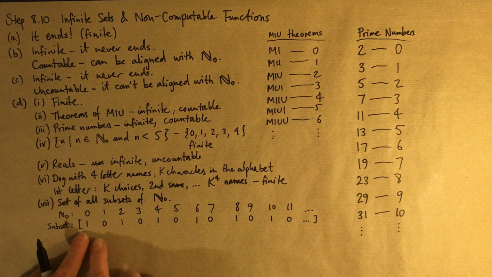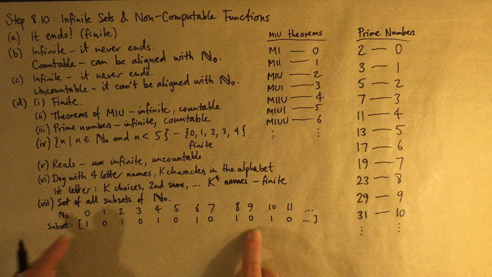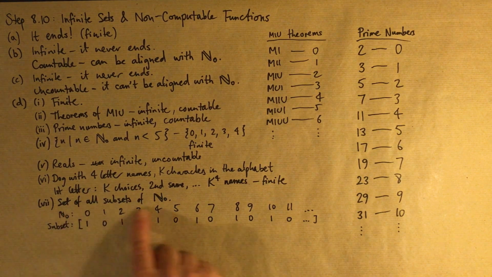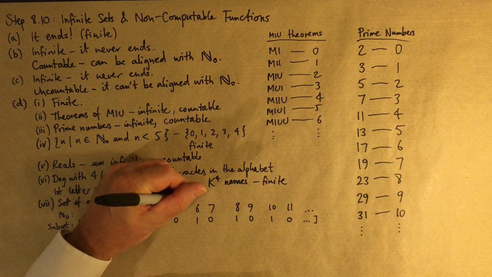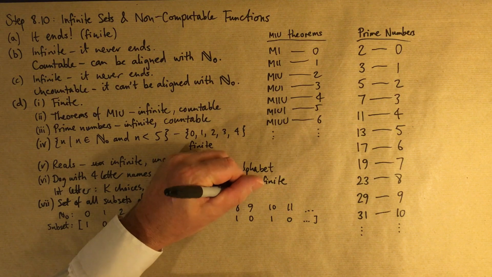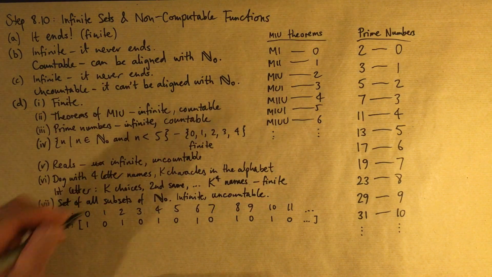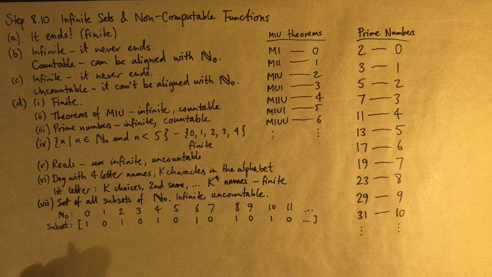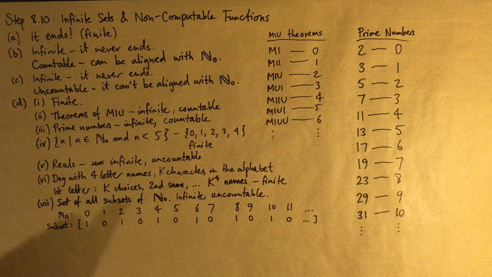It's just that you've got 1 and 0. In other words, the diagonalization argument is going to work again on these subsets. Or you could have just looked it up and found out that the set of subsets of n0 is infinite, and it is indeed uncountable. So it's another example of an uncountable set. The number of subsets that you can get from n0 is in fact uncountable.